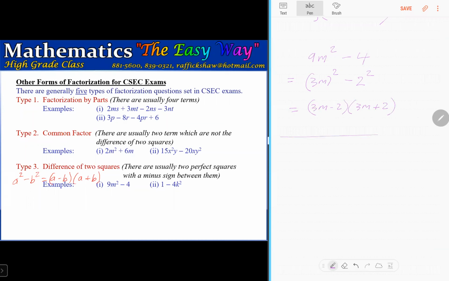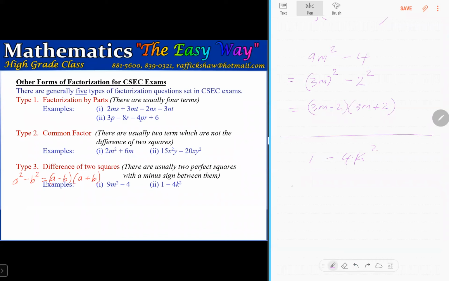All right. For the second one, we have 1 minus 4k squared. Now, 1 gives people a problem all the time because people fail to remember that 1 is actually a perfect square. 1 is the same as 1 squared. We have to ensure that we remember that 1 is a perfect square.